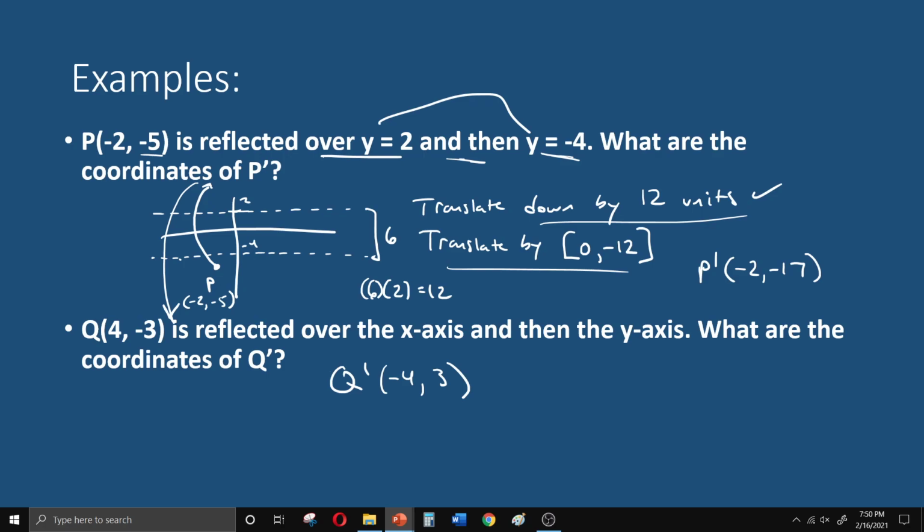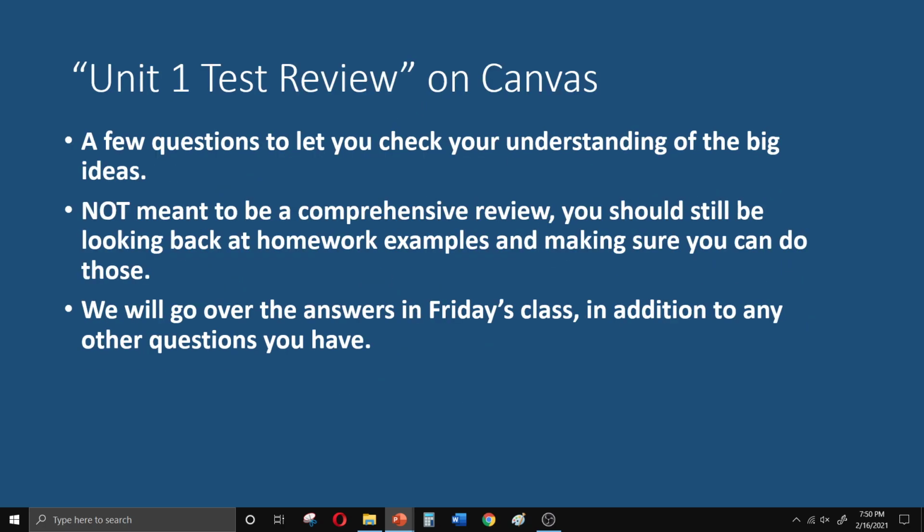If you have further questions, please let me know. Happy to answer an email, or I can always hop on Teams with you. In the meantime, you can check Canvas. You'll see there's a Unit 1 test review. And what I've done there is I put a few questions. This is not meant to be a big, comprehensive review sheet that does every single thing that might be on the test. Rather, it's meant to be a few questions that try to put a bunch of things together.